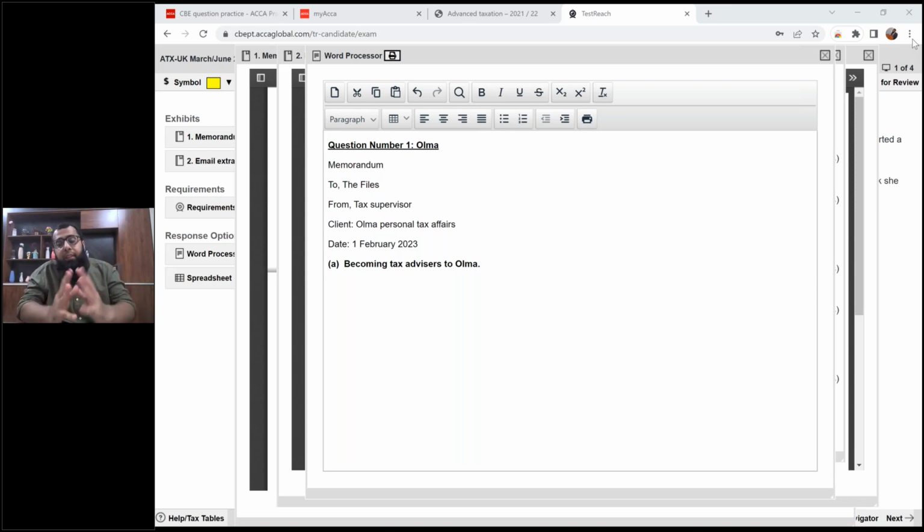What if she's not registered for VAT? If you are not registered for VAT, you are not required to charge VAT on the customers. Small businesses which are not registered for VAT, who are below the registration threshold, are not required to charge VAT on their customers. So if she is not registered for VAT, she will not be required to charge VAT on the customers.